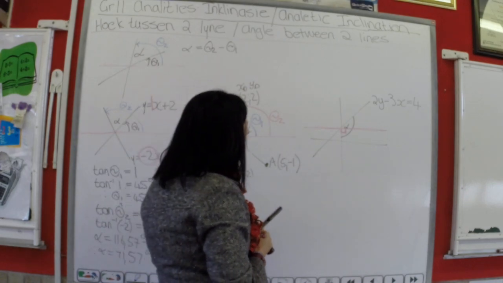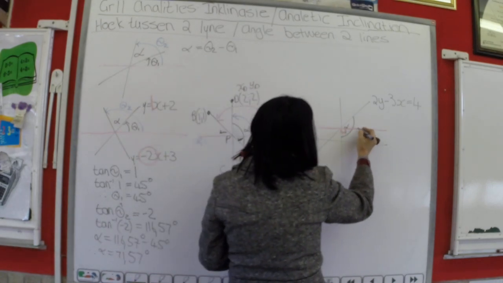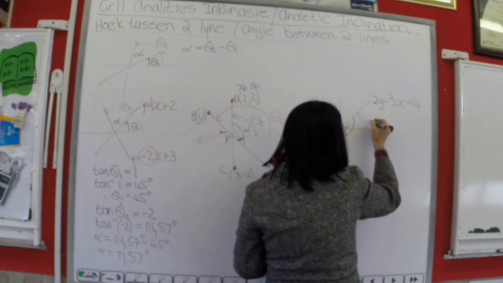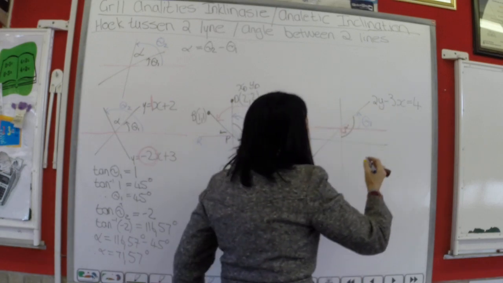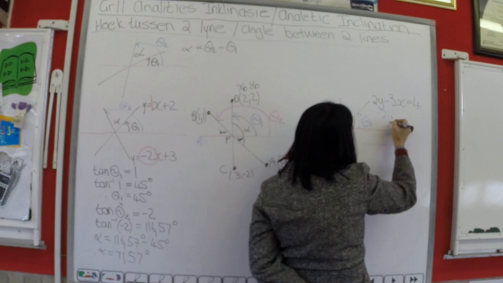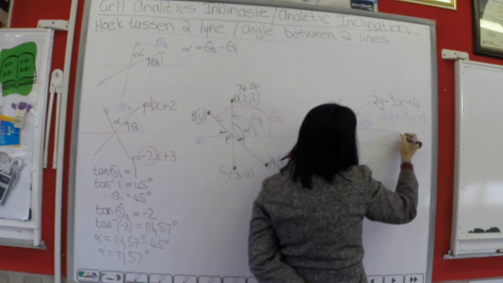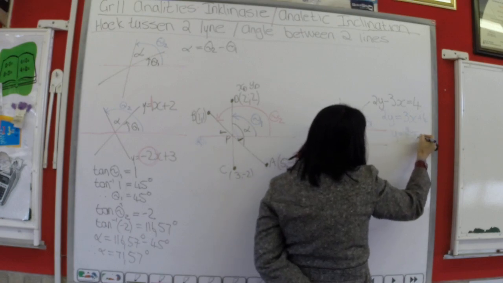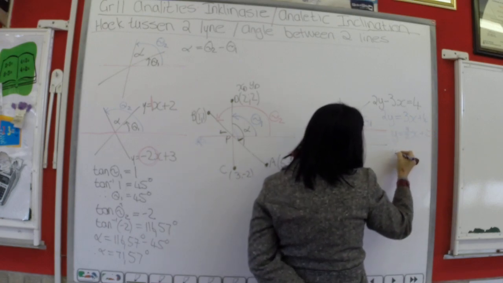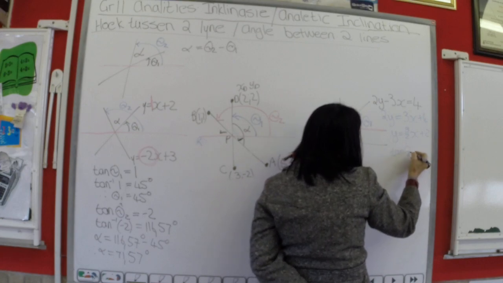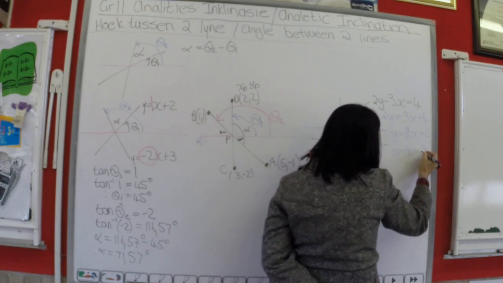So the first thing I do is get the inclination angle theta 1, there like that. I'm going to write that in standard form, so let's quickly do that. It's going to be 3x plus 4, divide by 2 throughout, then it's 3 over 2x plus 2, so the tan of theta 1 is equal to 3 over 2.